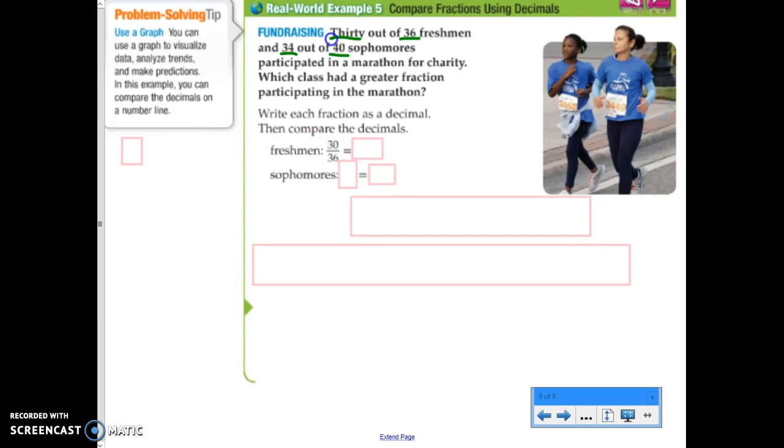Well, we know that there were 30 out of 36 total freshmen, and there were 34 out of 40 total sophomores. On the top here, if I take 30 and divide it by 36, I'm going to come up with 0.8333 repeating, or 0.83 with that bar notation over it. And 34 divided by 40 gives me 0.85.